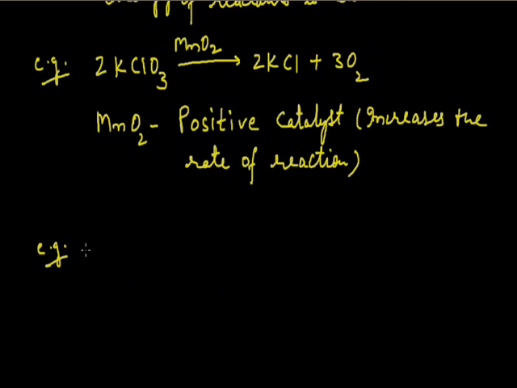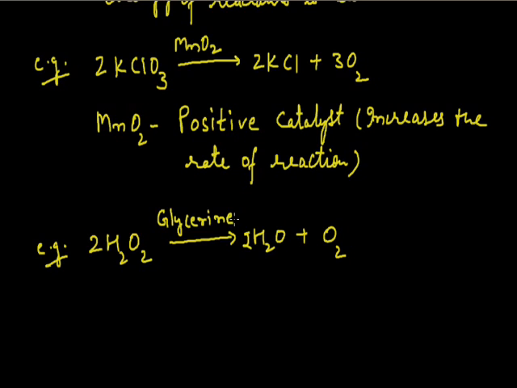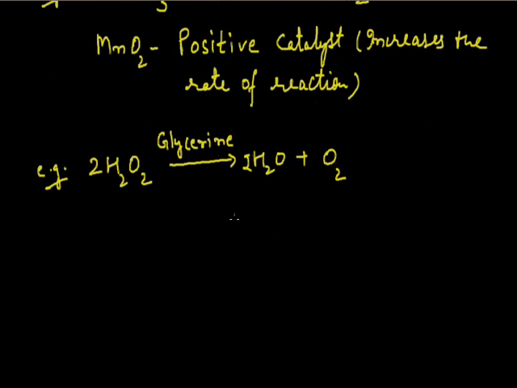In another reaction, that is decomposition of hydrogen peroxide, that gives water and oxygen, catalyst glycerin is used. Here glycerin inhibits the decomposition of hydrogen peroxide.